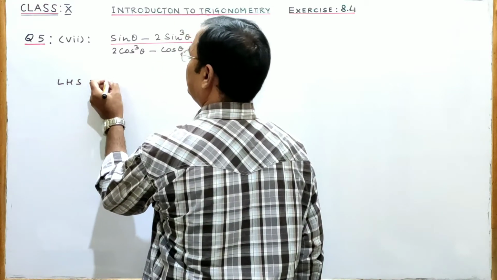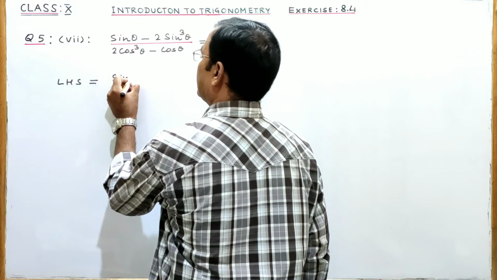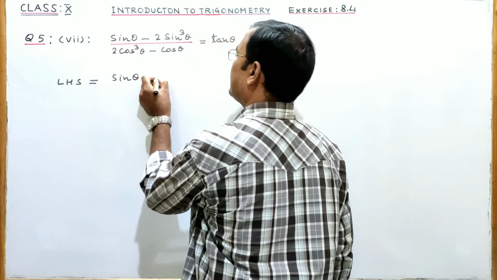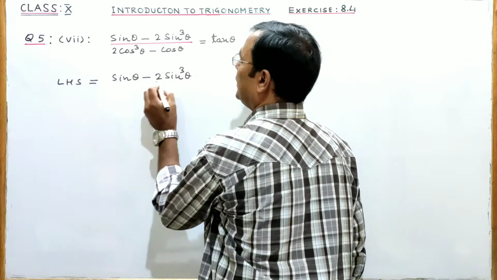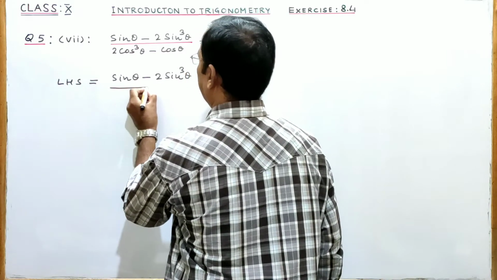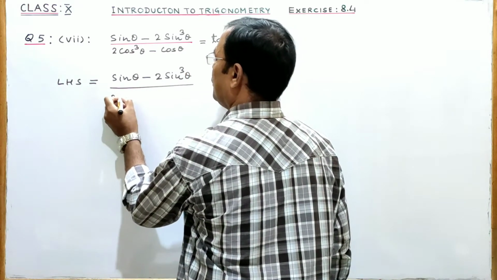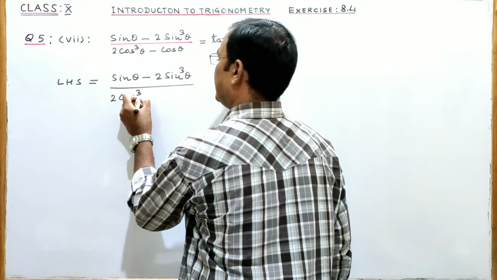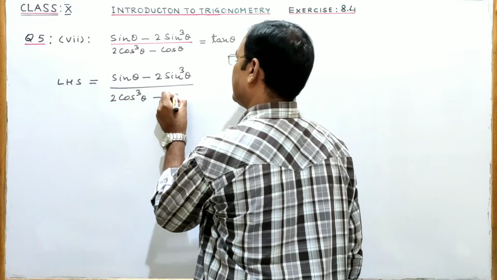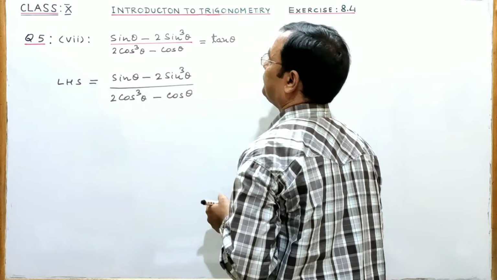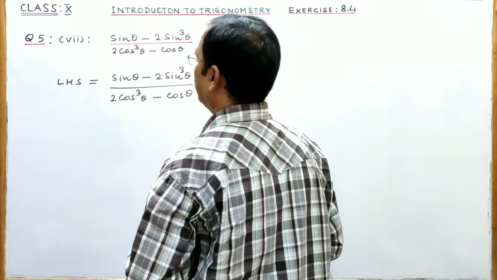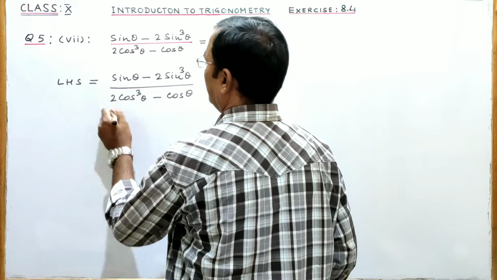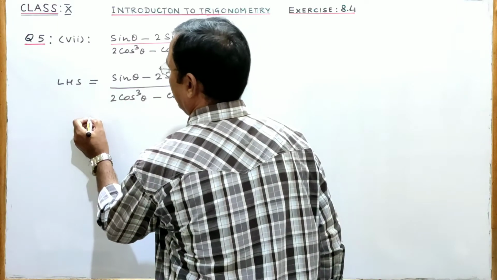Equal to (sin theta minus 2 sin cube theta) by (2 cos cube theta minus cos theta). Let us take sin theta common from numerator and cos theta common from denominator.